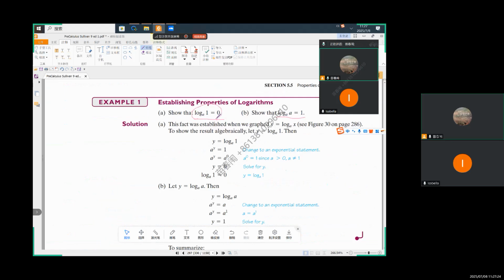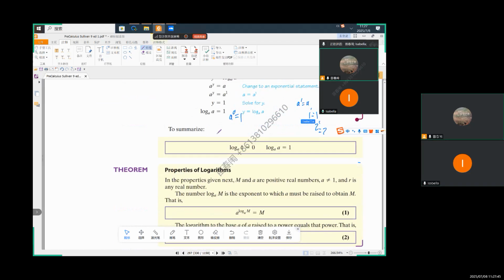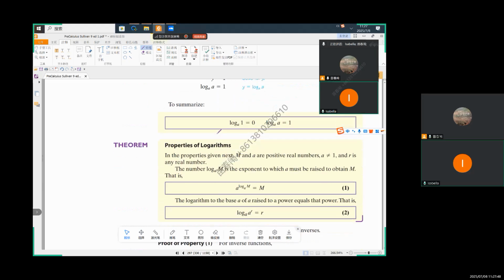Okay, so we don't have to prove it if you're familiar with this. Anything to the power of 0 equals 1. I forgot that in the exponential function. So then it would be 1, etc.